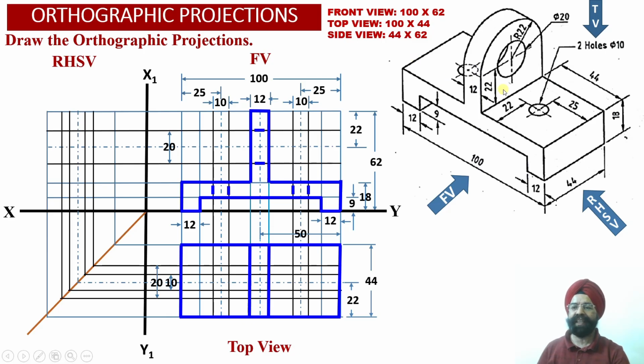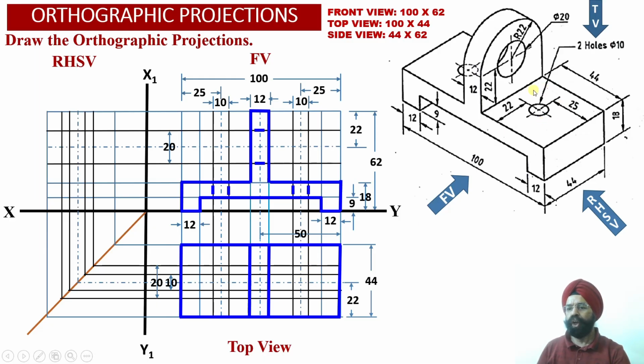But another thing we should understand: half of this top surface of the horizontal web is lying on the right hand side, and half of this top surface of the horizontal web is lying on the left hand side portion of the solid. So both of these surfaces happen to be parallel to the horizontal plane.